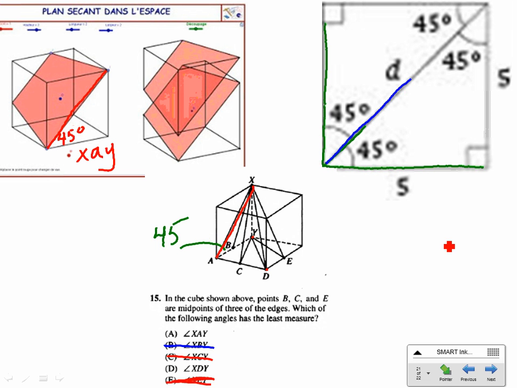And then this line here from this point to this point up here is comparable to XDY, where this would be D, this would be X here, and this would be Y here. So from this, we can see that angle XDY is going to have a smaller degree measure than angle XAY.